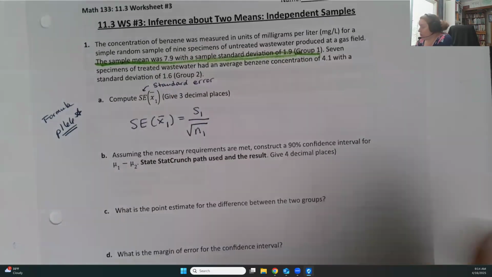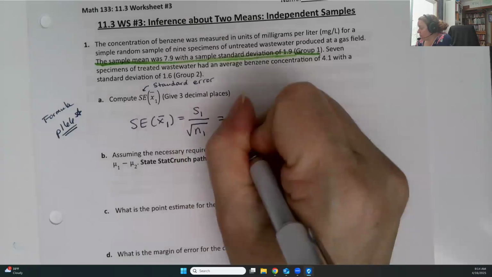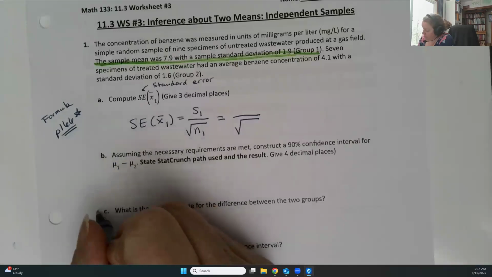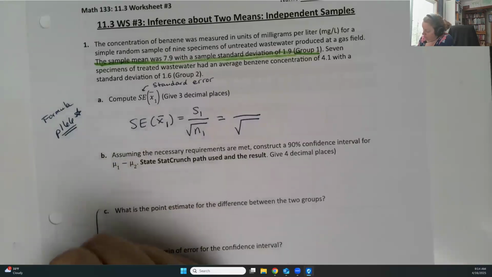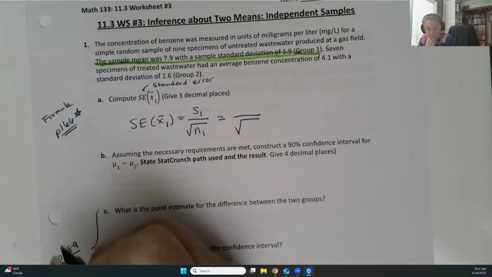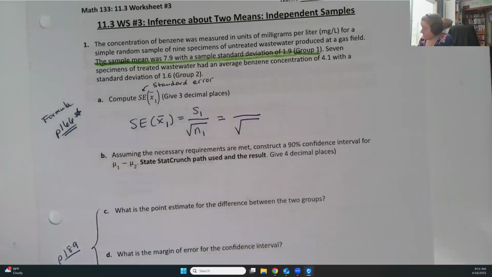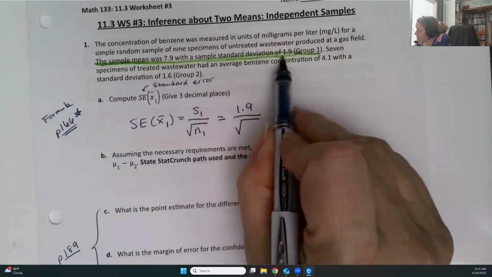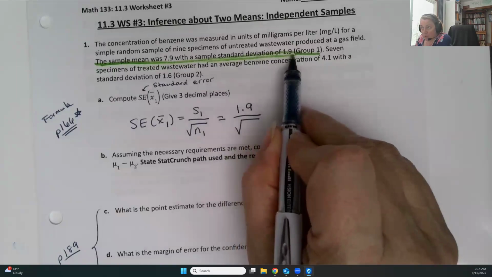Okay. So what's the S for group 1? 1.9, right? It's the standard deviation for group 1, which is 1.9.